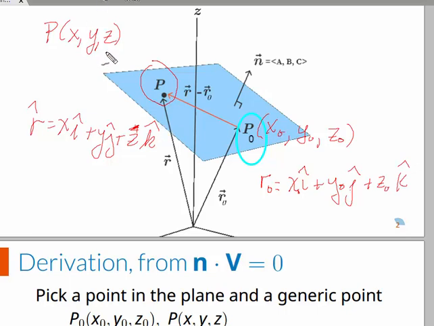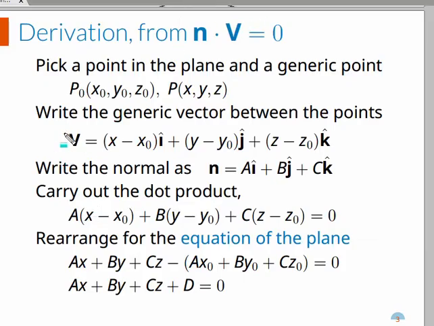Z is just from the coordinate. And then we construct this, which I'm calling v. So here we have our generic vector between those 2 points. Really, it's a vector between the 2 position vectors to those points.